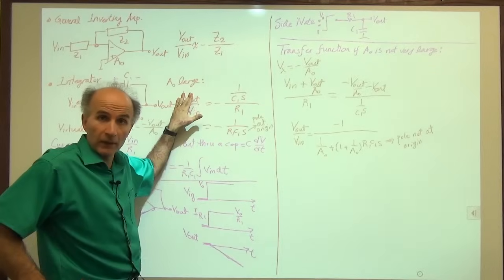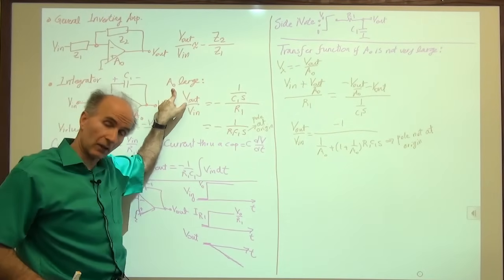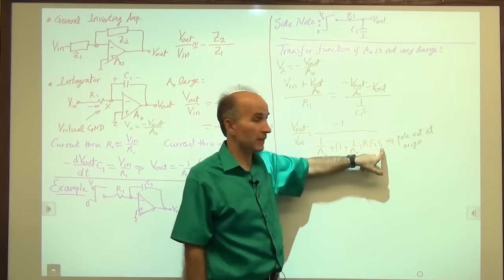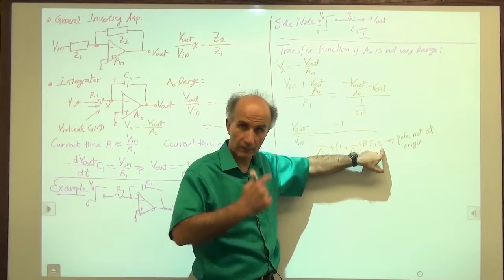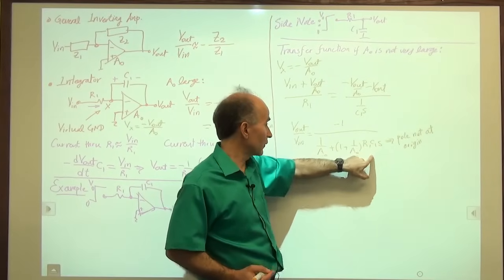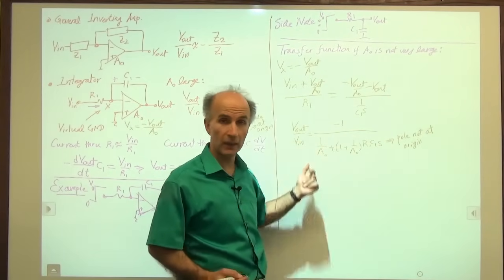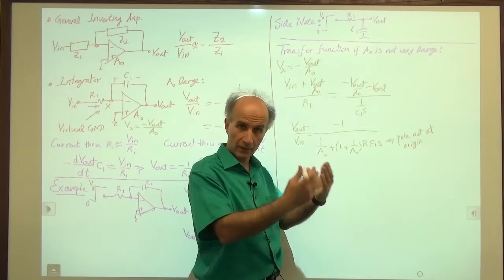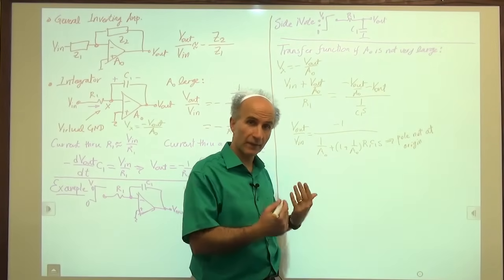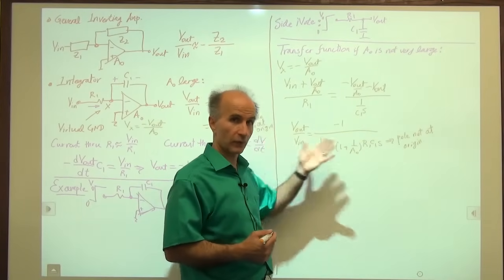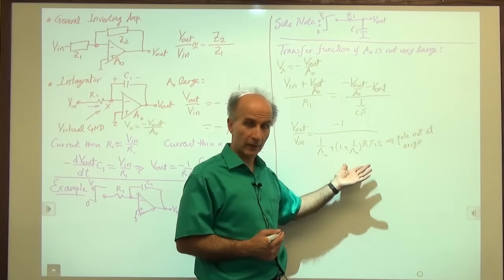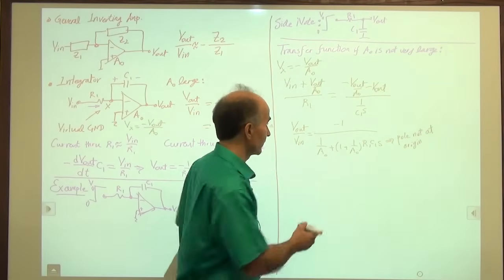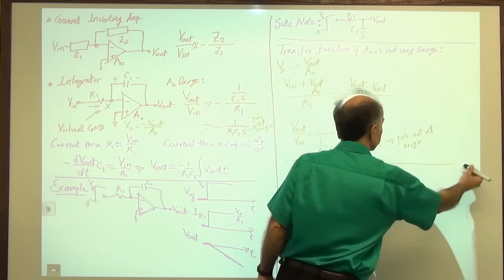And it's unbounded so long as A0 is very, very large. On the other hand, here, if S becomes smaller and smaller, the frequency of the signal becomes smaller and smaller, then eventually this disappears and we end up with only A0. So the gain is not unbounded. The gain has a certain limit. So that's the distinction that we draw between this and this. Of course, this is the realistic picture, and that tells us that the pole is not at the origin.